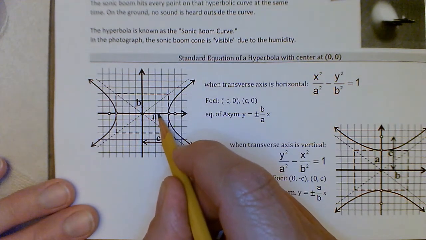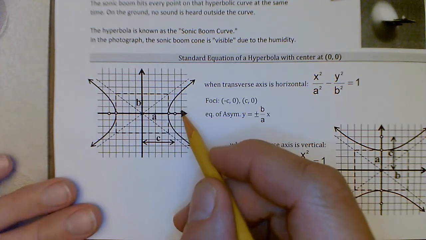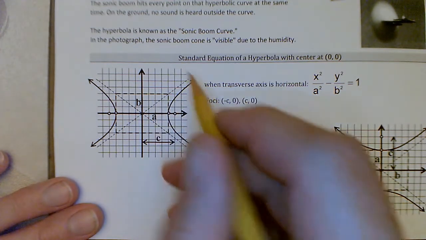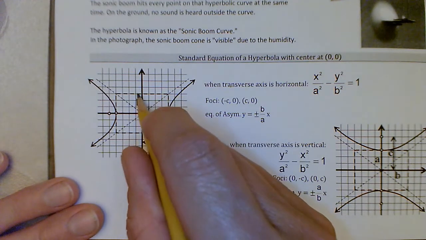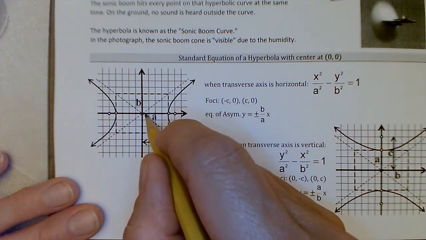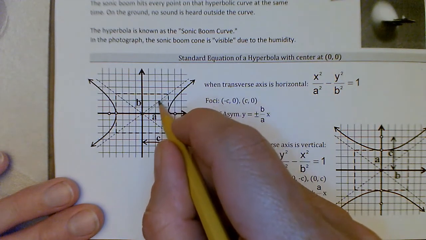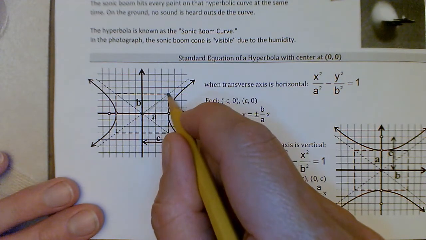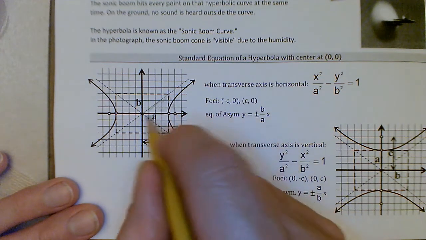A in this one is the bigger of the two, A and B, but it doesn't have to be. I kept these values really simple. A is 4, B is 3. We know, of course, in a right triangle with those two edges, that this length here would be 5. That is not a coincidence that that's the same. If we were to rotate that edge down, it would be right here.